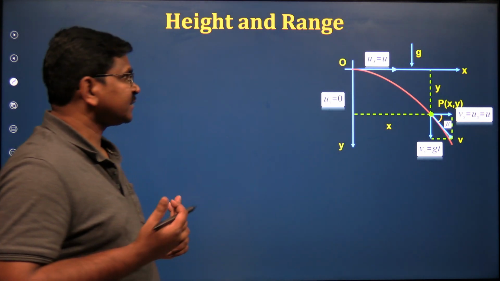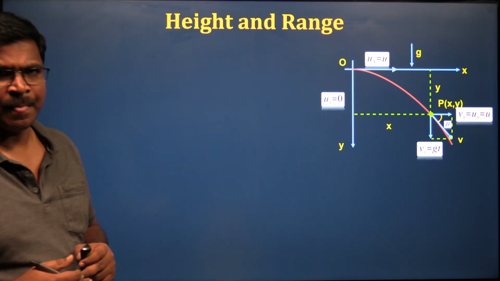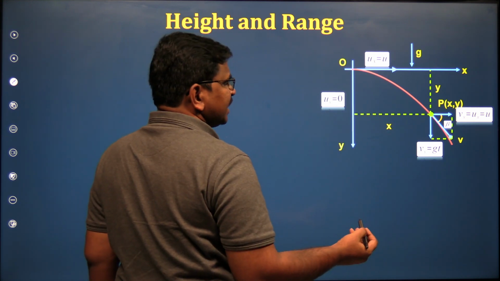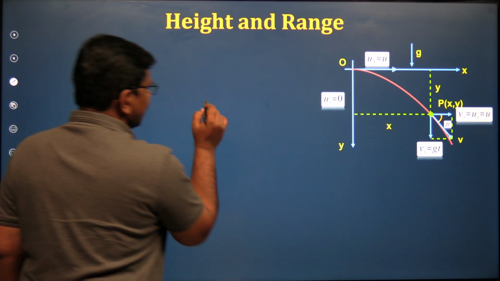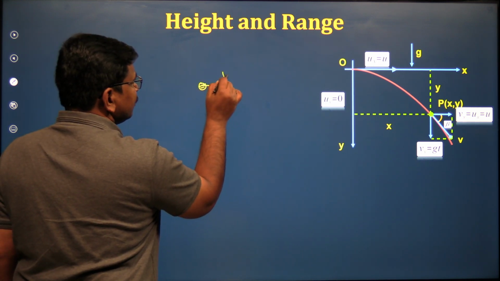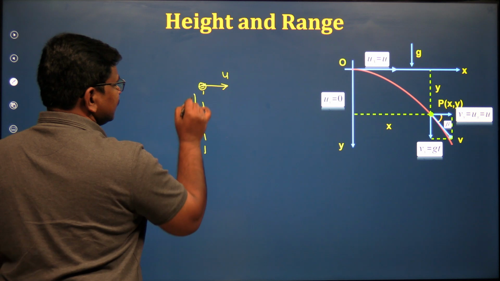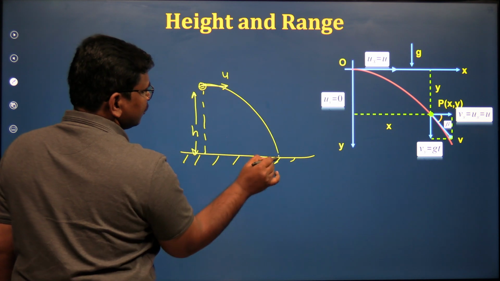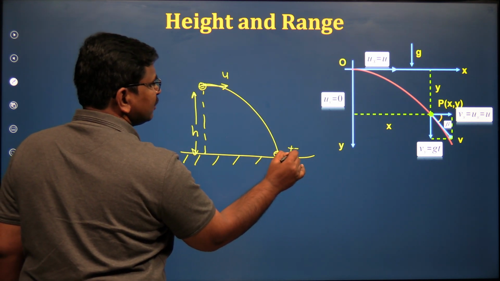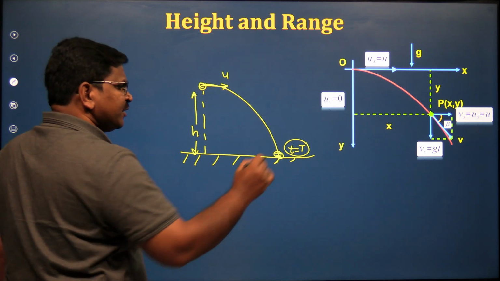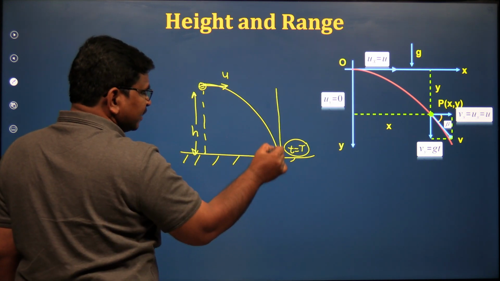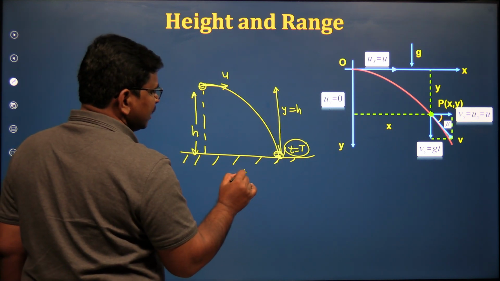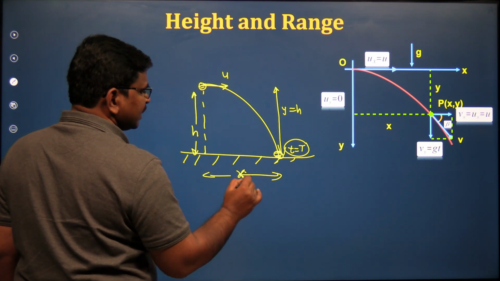Now coming to the height and range. Suppose a projectile is thrown horizontally. Let me give you a basic idea. Suppose it is thrown with velocity u from a certain height, let us assume this is the ground, and it reaches the ground at a time t equal to capital T. So at t equal to T, whatever the displacement along the vertical direction is your height, and whatever the displacement along the x direction is your range.